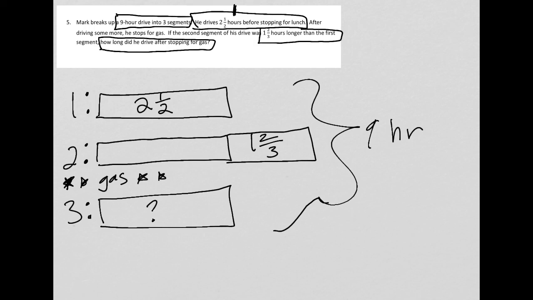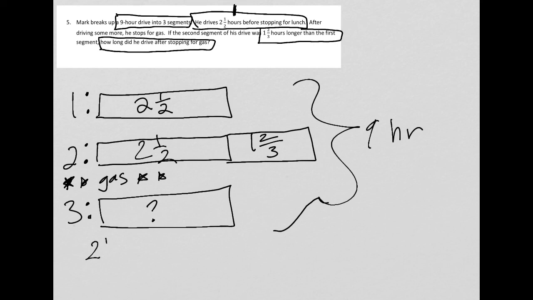I know that segment number 1 is 2.5. I know that segment number 2 is 1 2/3 plus 2.5, because he drove 1 2/3 longer than 2.5. And whatever the missing number 3 is, when I add up all 4 of those pieces, I'm going to get 9 hours.